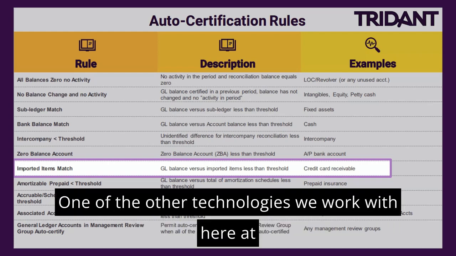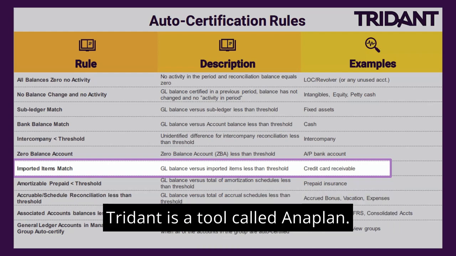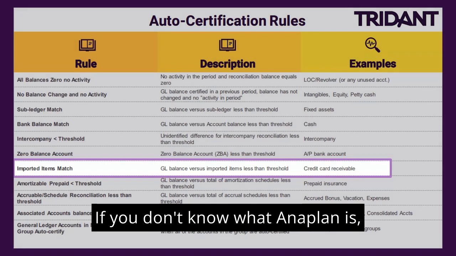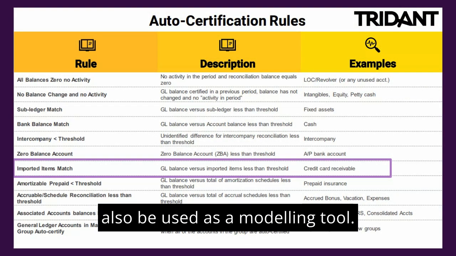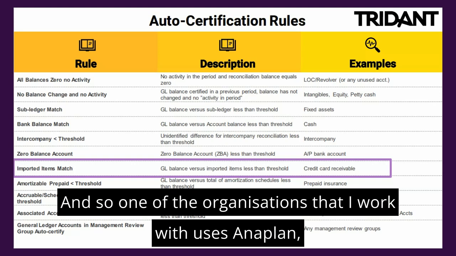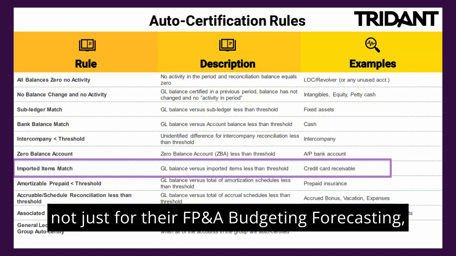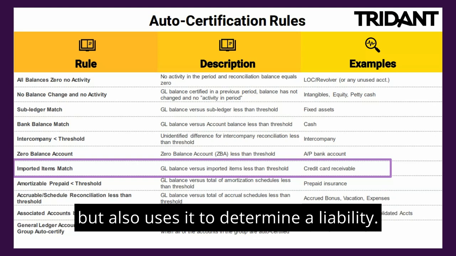So I'll give you an example. One of the other technologies we work with here at Trident is a tool called Anaplan. If you don't know what Anaplan is, it's an FP&A tool, but it can also be used as a modeling tool. And so one of the organizations that I work with uses Anaplan not just for their FP&A budgeting and forecasting, but also uses it to determine a liability.